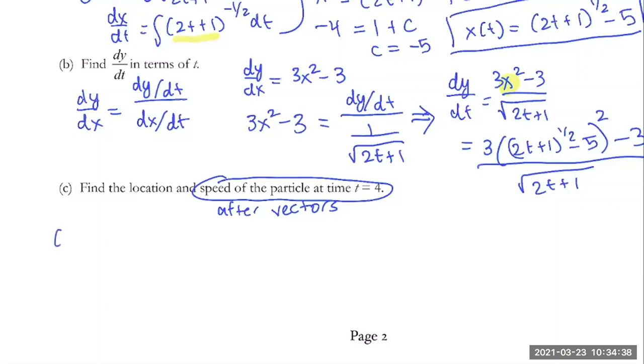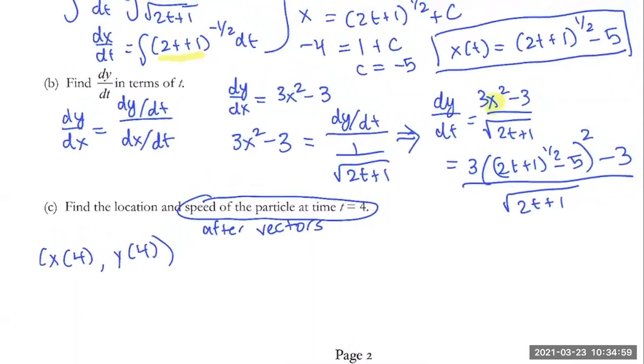Okay, location is what your position is. So we want to know what x of 4 is and what y of 4 is. Okay, so in this case, we have what x of 4 is by simply plugging 4 into part A. So go ahead and calculate, what do you guys think x of 4 is equal to, and type it into the chat.